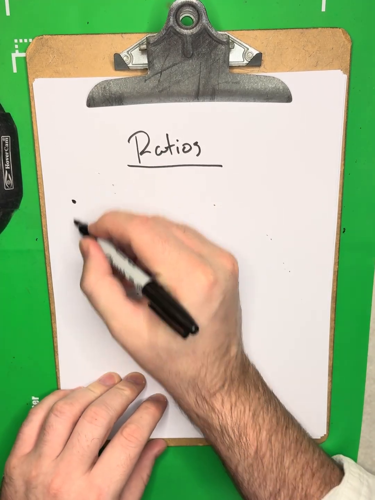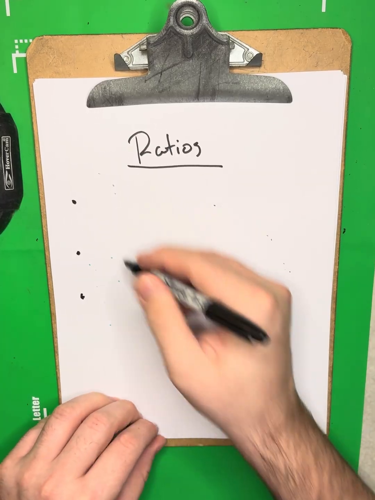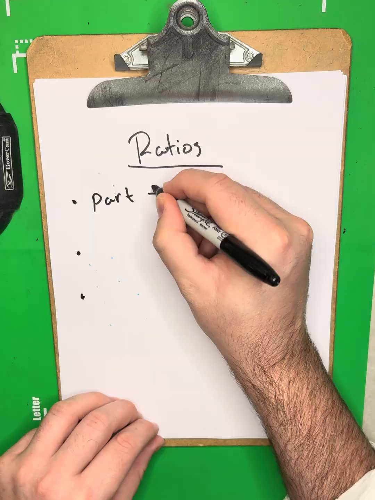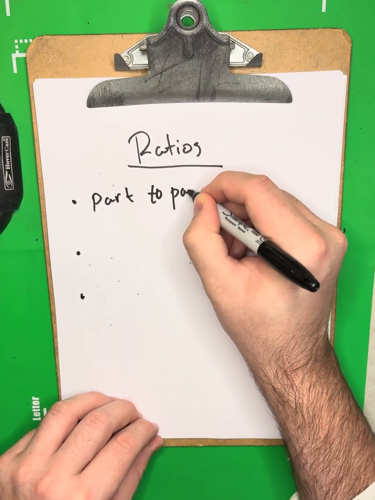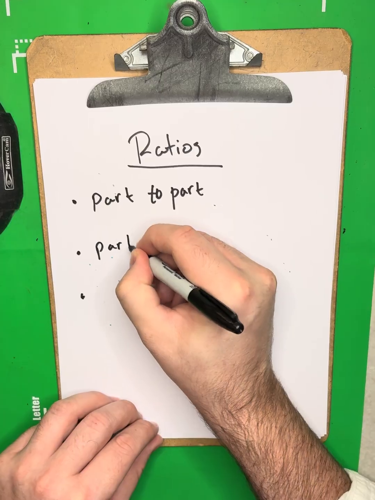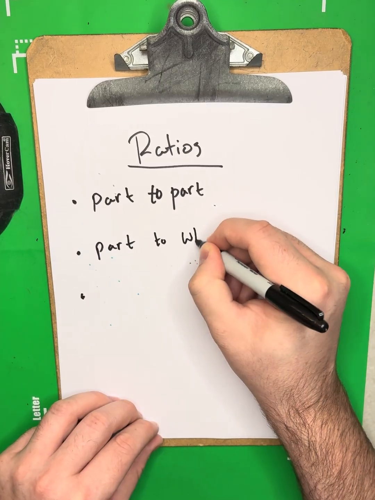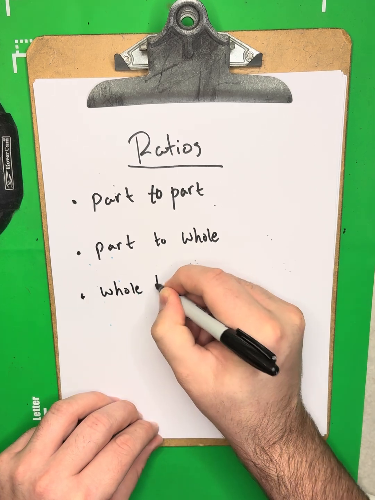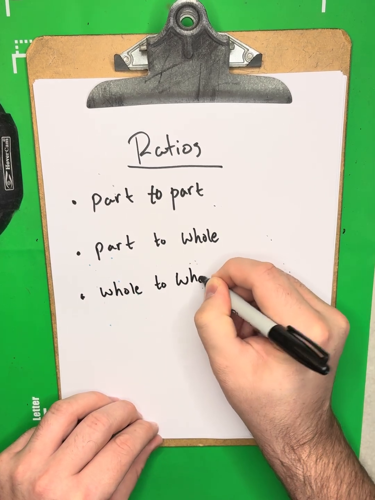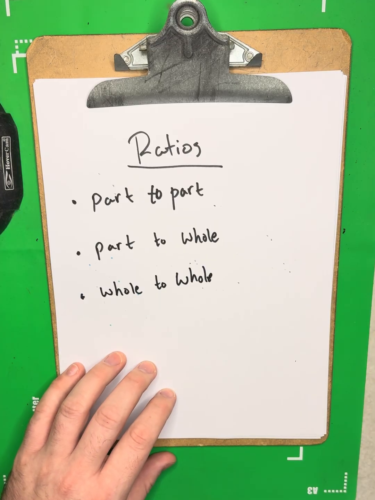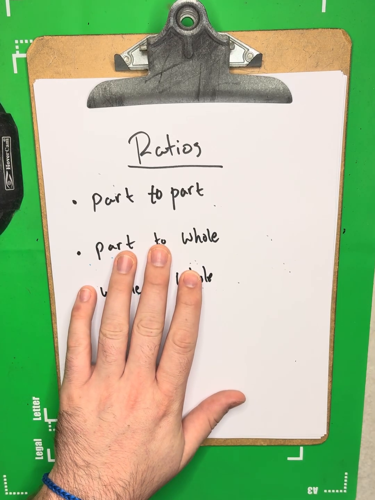All right, so we have part to part, part to whole, and whole to whole. So let's take a look at what that looked like for a second.